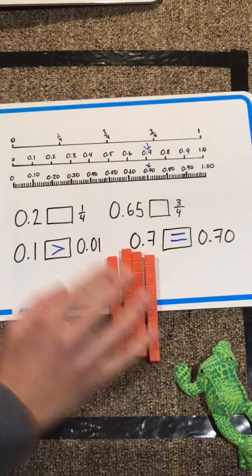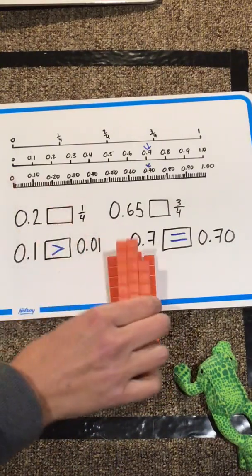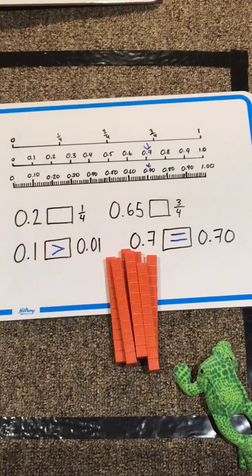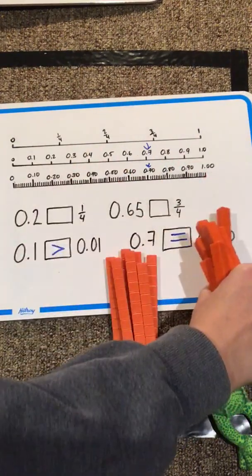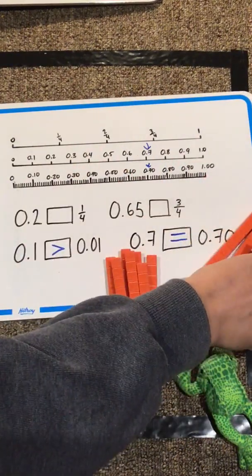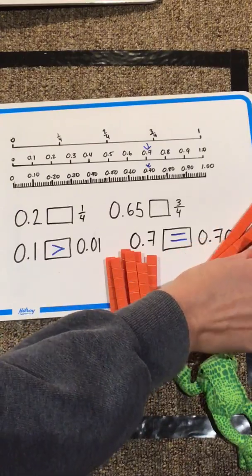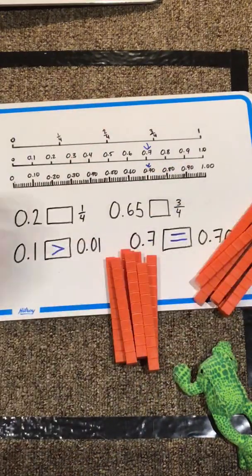Okay, so 1, 2, 3, 4, 5, 6, 7 tenths right here. Do I have enough? Okay, and 10, 20, 30, 40, 50, 60, 70.